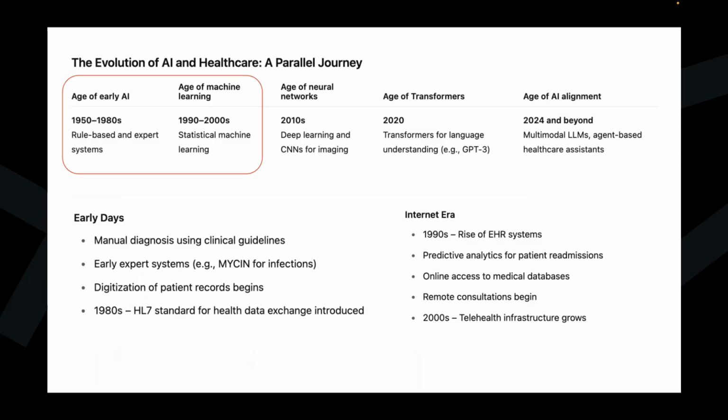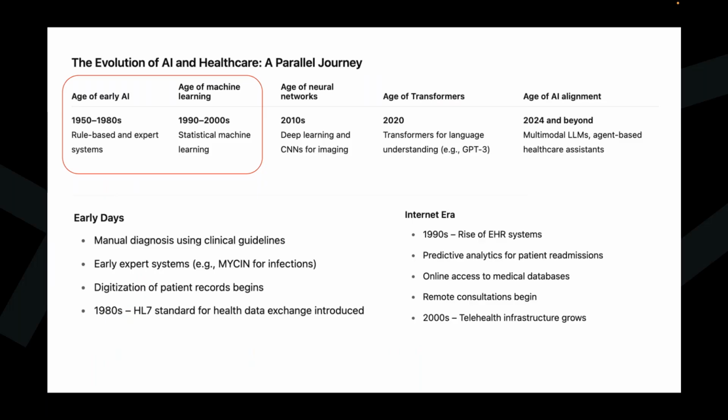But by the end of the 1990s, the statistical machine learning era started, and all the health records were digitized with the help of digitization efforts incentivized by governments in the 1990s, and then predictive analytics started to be applied in every workflow.